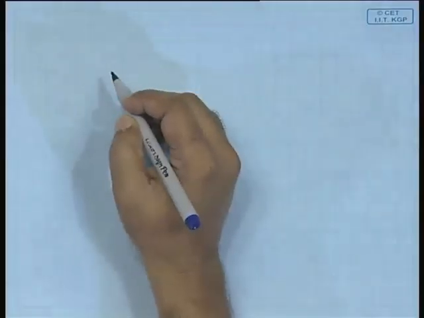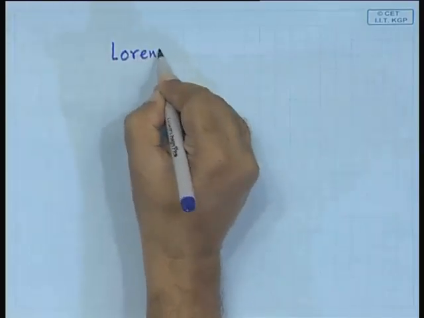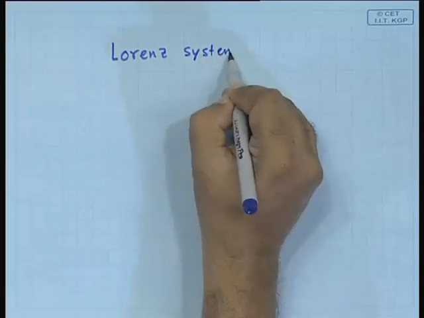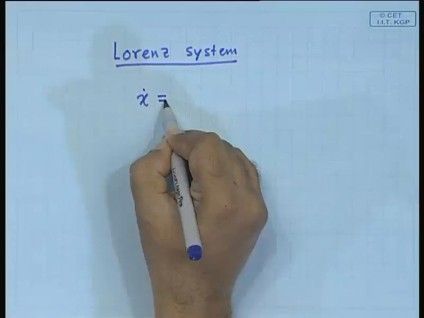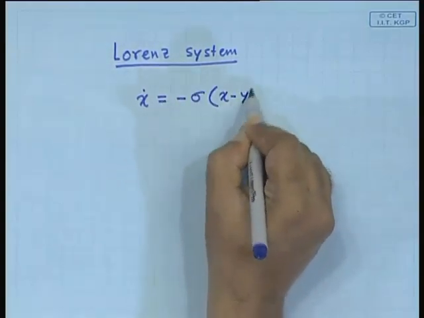Let us understand that slowly by working with one example system. Let us take this system. It is called the Lorenz system. x dot is equal to minus sigma times (x minus y).